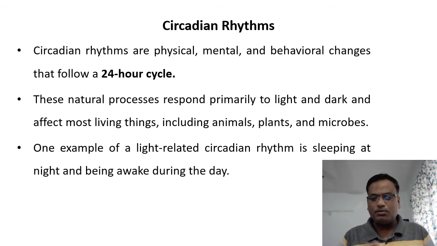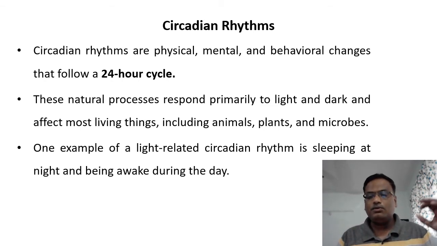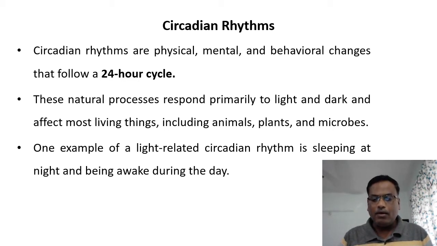You just observe the nature, you just observe the animals, including human beings. We have different behaviors in daytime and in nighttime. So our behavior pattern is in synchronization with the 24-hour cycle of the nature. You can say the changes in the sun, the changes in the light and the changes in our activity are coordinated.